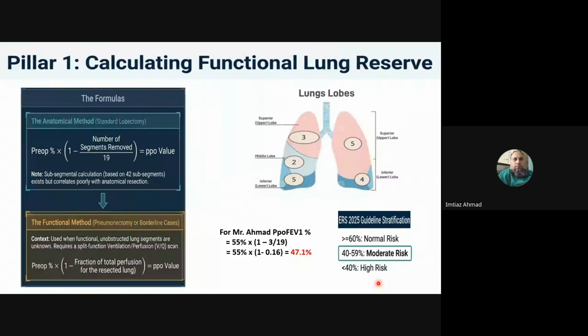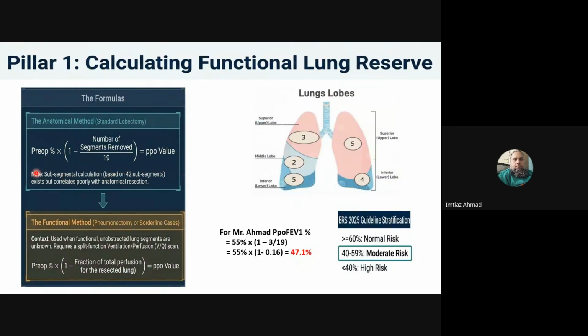Regarding first pillar, calculating functional lung reserve, there are two formulas. One is the anatomical method, which is standard for lobectomies, in which predicted post-operative value of FEV1 or predicted post-operative value of diffusing capacity for carbon monoxide is measured.